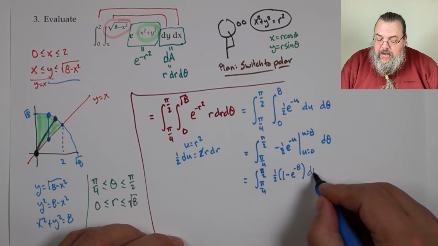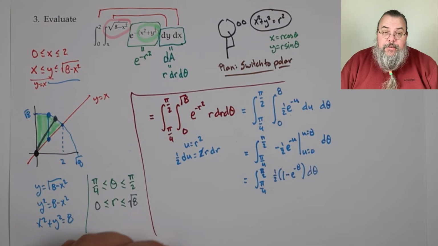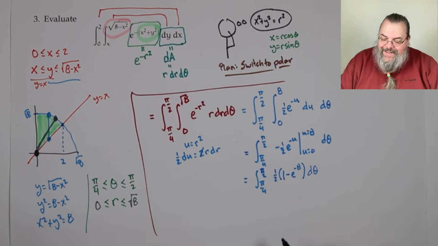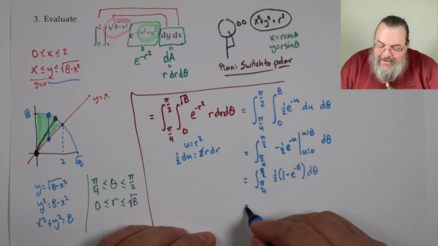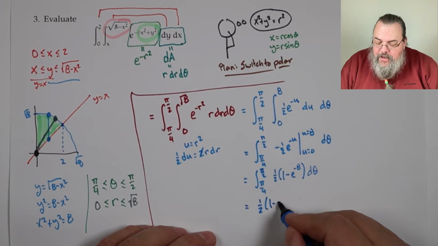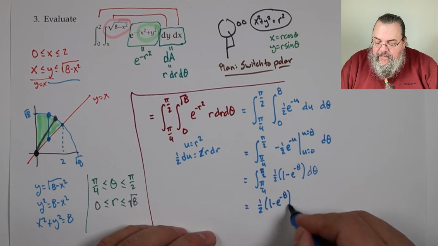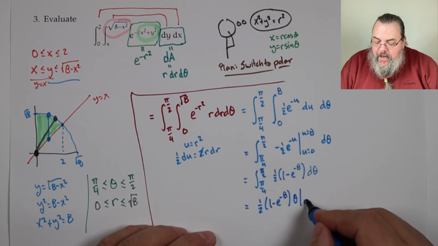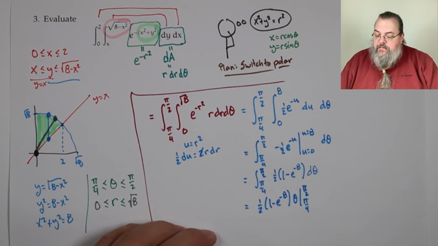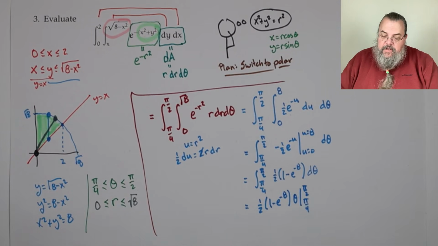And we say, hey, that's great. That's actually pretty easy to integrate with respect to theta because there's no theta. One of my favorite things to integrate, constants. I always do a really good job of integrating constants. All right, theta, evaluate from pi over 4 to pi over 2. And really, you just take pi over 2, subtract pi over 4 when you evaluate here.